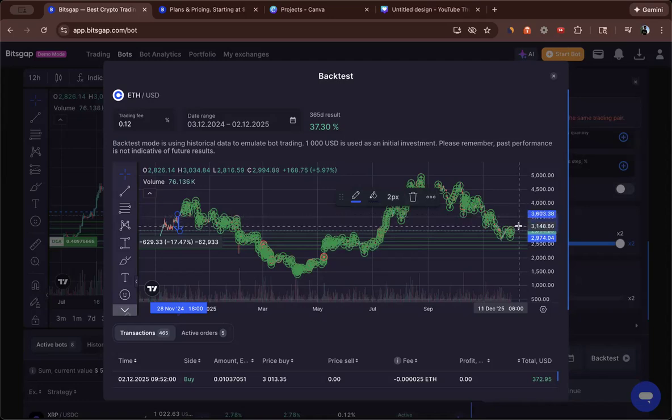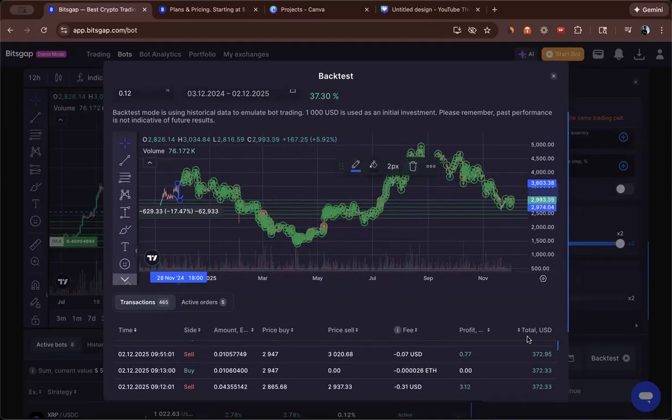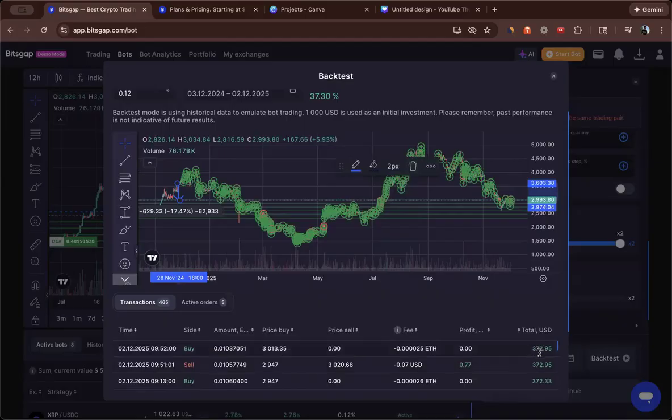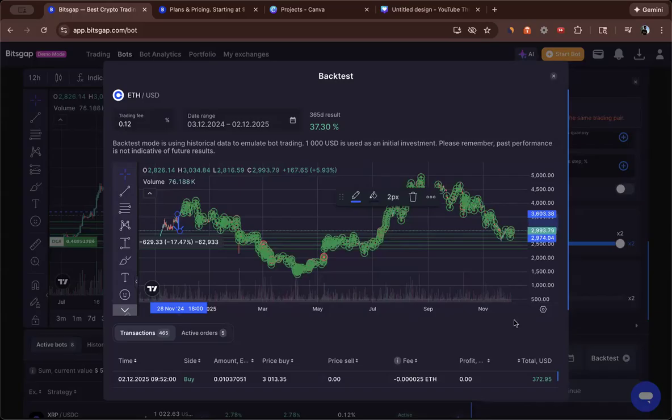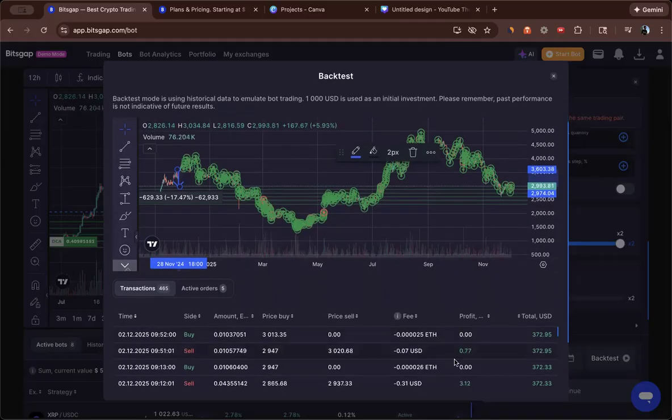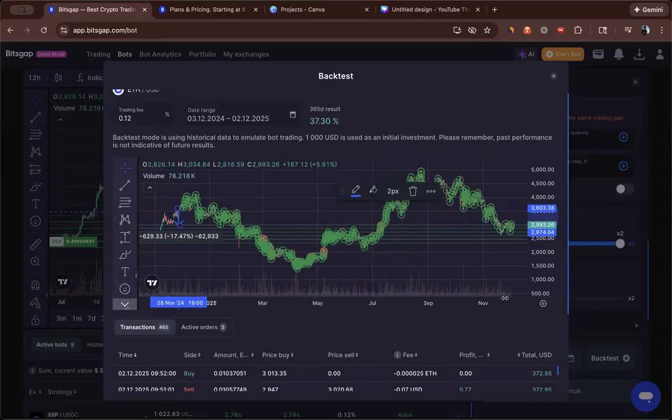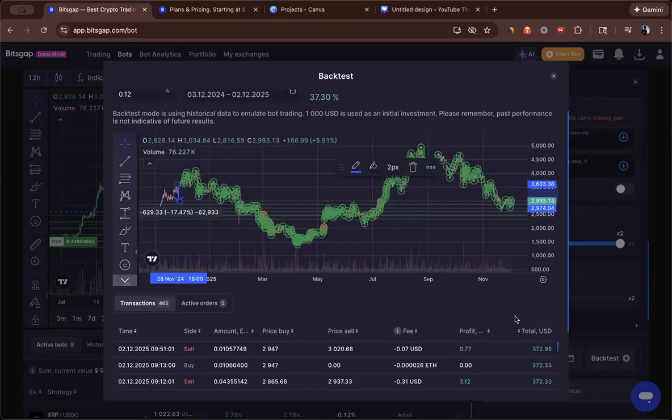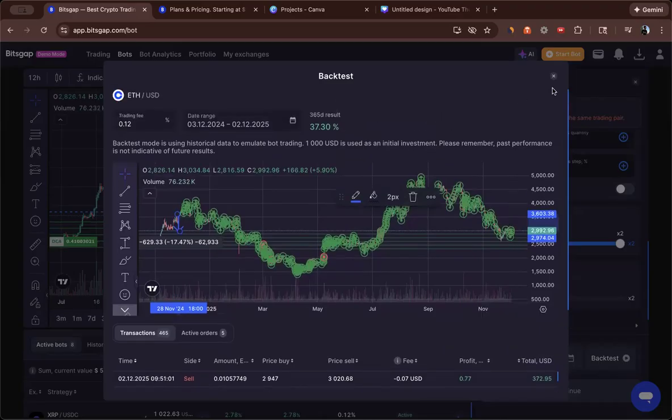But if you don't, and you let it sell some more, it's going to continue to make money while just popping it into your stablecoin wallet. And like we've talked about before, that's available immediately. You don't have to wait until it gets up to this 372 each time it profits. It puts that amount into your stable wallet. You can reinvest that into your next bot or do whatever you want with it.